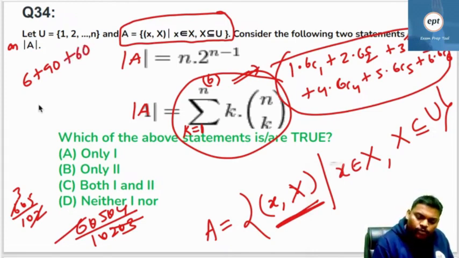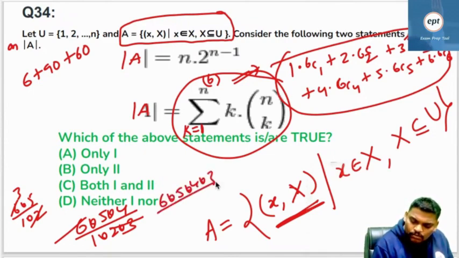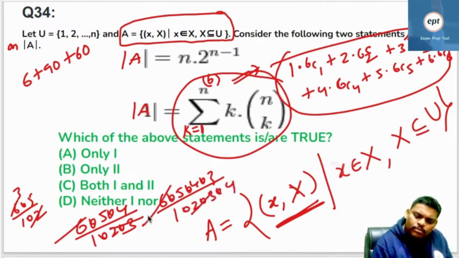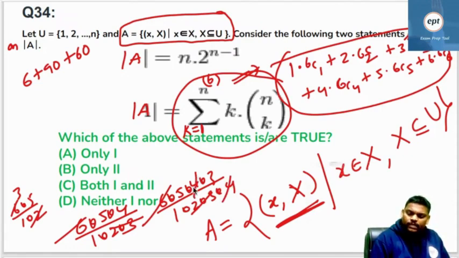Next, 6c4 is 6 into 5 into 4 into 3 by 1 into 2 into 3 into 4. Do whichever way you like, no objection. 4 cancels, 5 3s are 30... 6c4 means 6c2, which is going to be 15. Is it 60? How much?